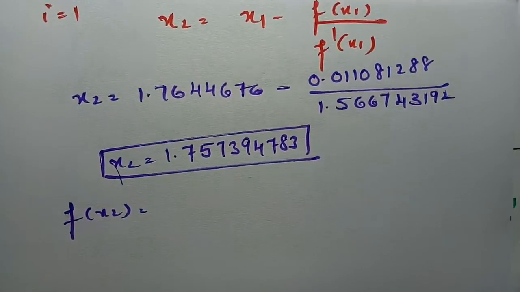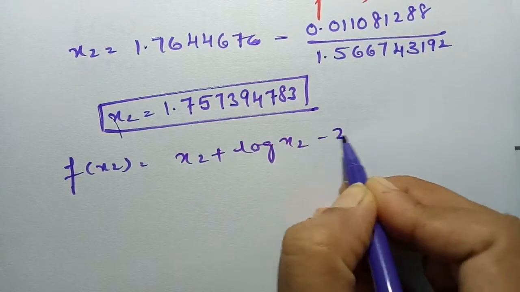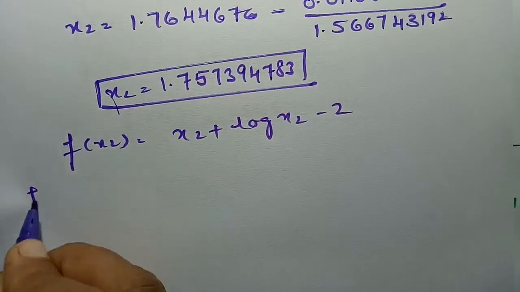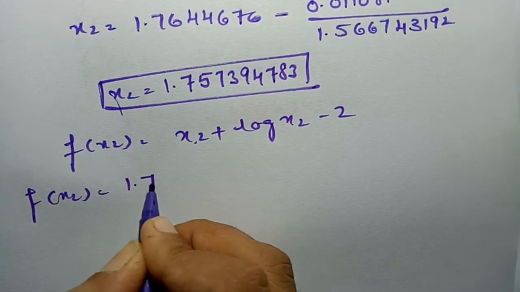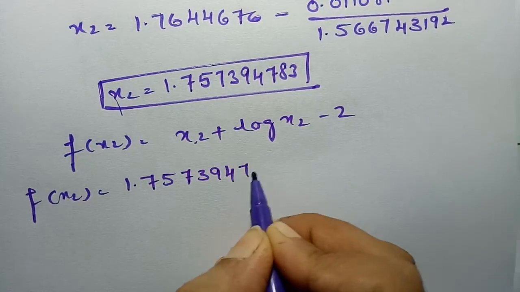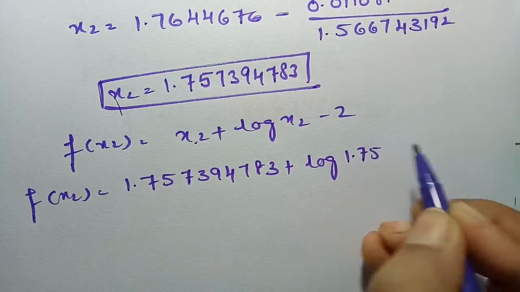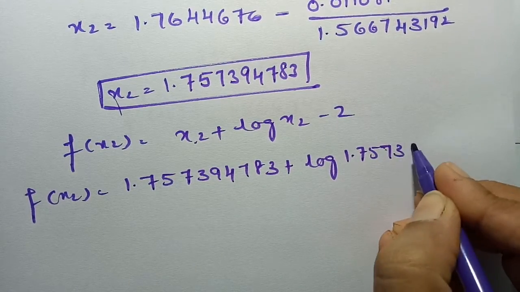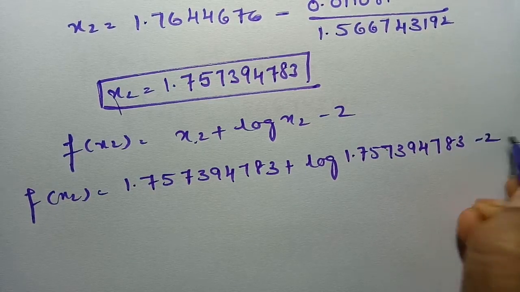So what is our f of x2 value? f of x2 is nothing but x2 plus log x2 minus 2. We have to put it in the equation. So f of x2 will be 1.757394783 plus log of 1.757394783 minus 2.